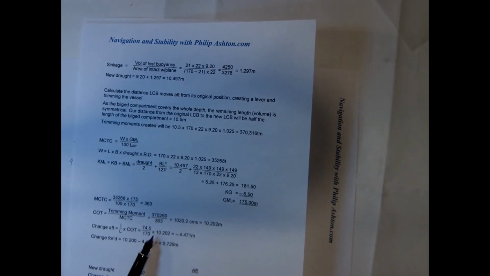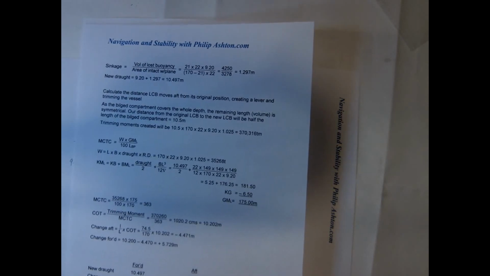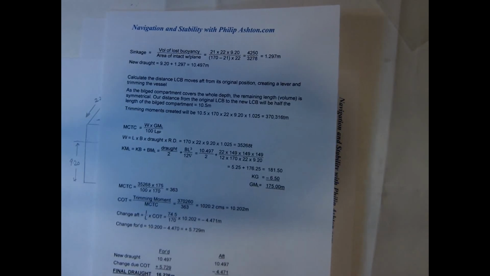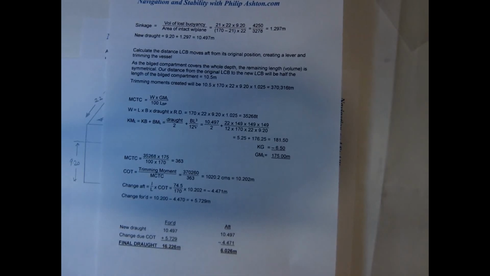Divide that by 170, multiply it by the trim, and we can find the change of trim aft. Subtract that from the total trim, that's the change of trim forward, and then we can write down our answers there. I've put there the new draft and the changes of trim. So that's one method of solving that problem, one of the two methods that we can use.